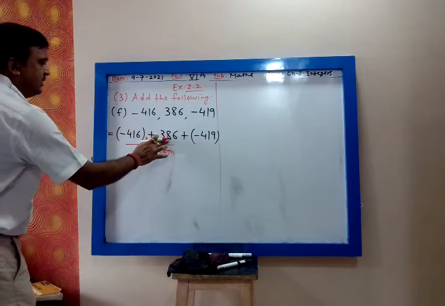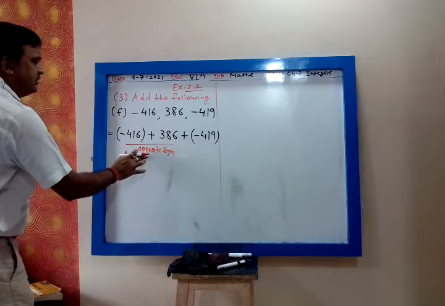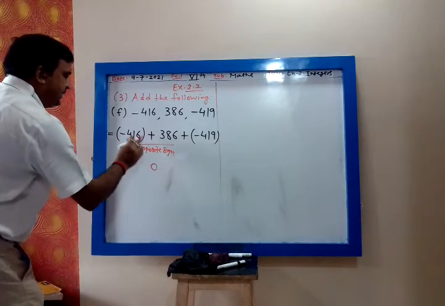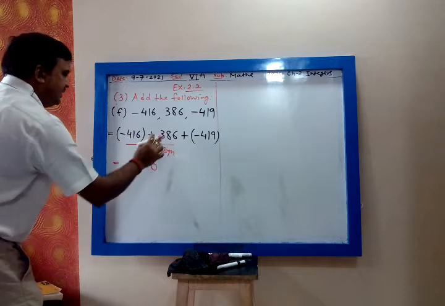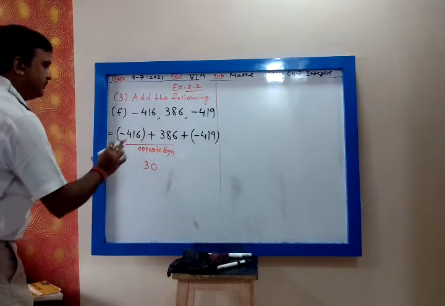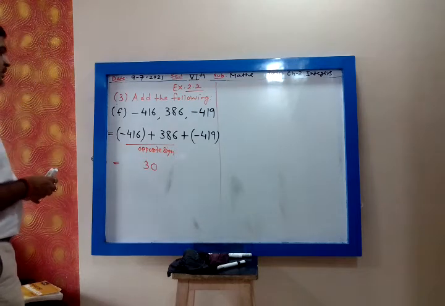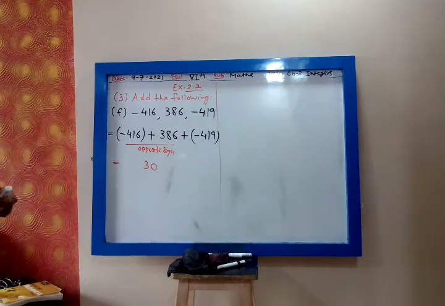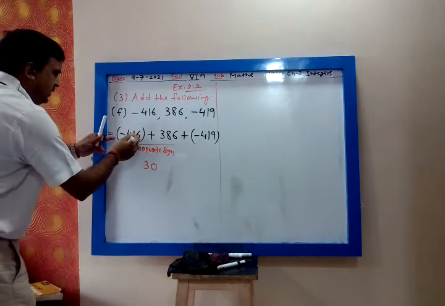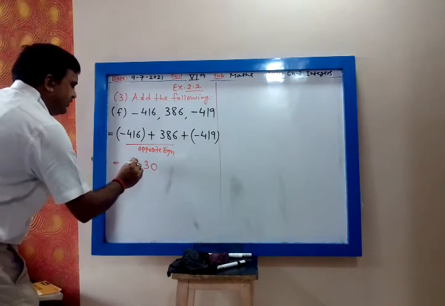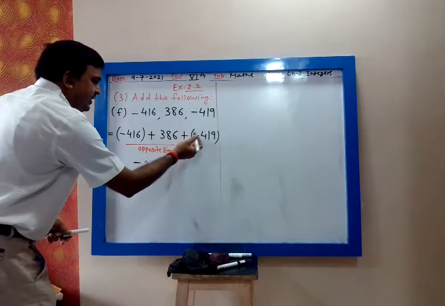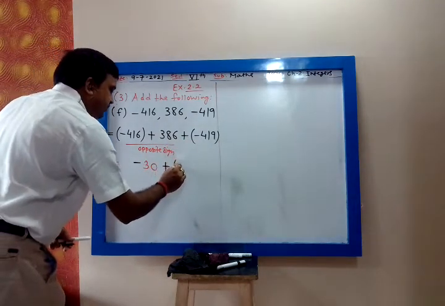Minus and plus, opposite sign, you have to subtract. So 6 minus 6, 0. Then 11 minus 8 is 3. Then 3 minus 3 is 0. So this is 30. But which number is bigger? 416. What is the sign of that? Minus. So we write minus 30. Then this number I will carry as it is, plus minus 419.